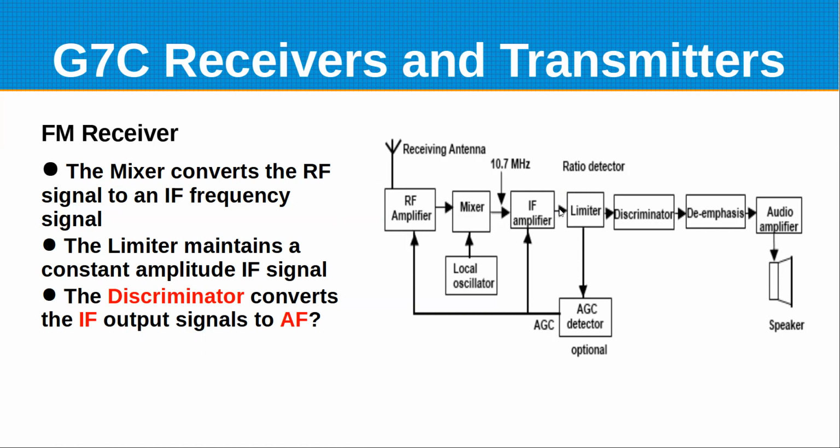The IF strip is basically the same, with the exception that we're getting a frequency modulated signal that has constant amplitude, whereas in the previous one with an AM signal, we're amplifying the amplitude of the signal.